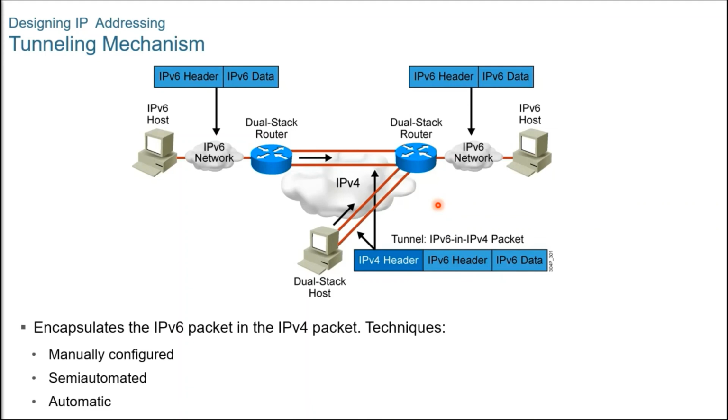By using overlay tunnels, isolated IPv6 networks can communicate without having to upgrade the IPv4 infrastructure between them. Both routers and hosts can use tunneling. So it's either manually configured, semi-automated, or automatic.